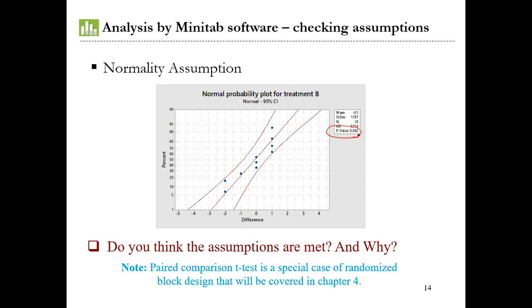So what should I do, guys, if I have this situation? If normality is not satisfied at 5%, should I stop, because I cannot make a conclusion? Although the t-test is robust to normality, it means even if normality is not satisfied, I can still use it.